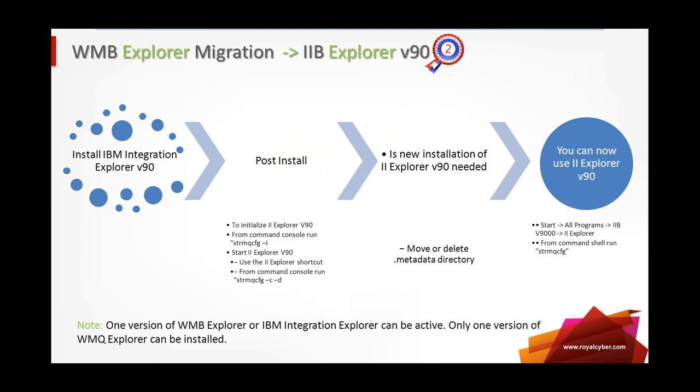Now we move to the next slide, which is again related to the explorer migration, right? If you are migrating your explorer from the older version, you have to initialize it by using the strmqcfg command. Or if it is a new version, then you don't need to give this particular command for initialization.